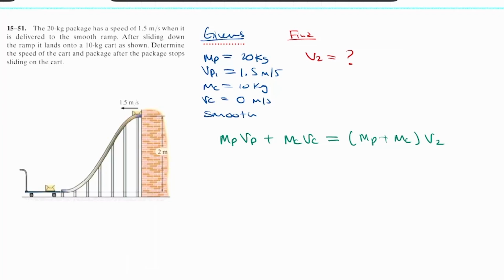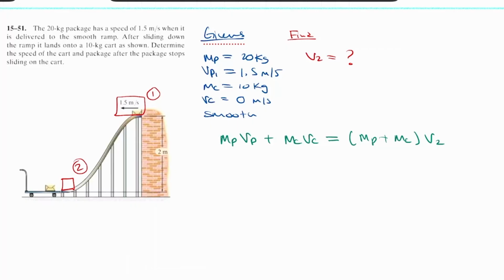However, the thing here is the following. We can say this is state 1. We know the initial velocity, it's 1.5 meters per second when it's at the top, just before it goes down. And then we need to figure out at the bottom right here, what will be the velocity of the package just before it enters the car.